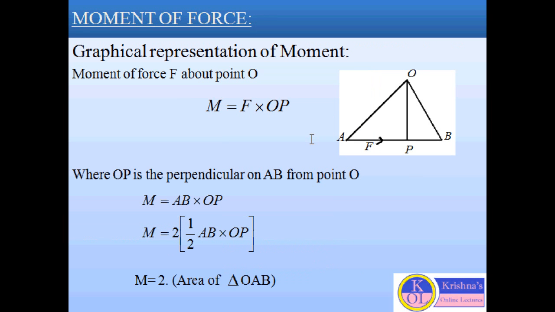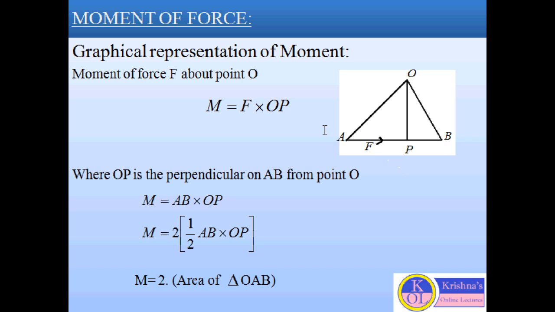Here is the graphical representation of moment. We are considering point O, about which the moment is to be determined, and force F, which is represented in magnitude and direction by vector AB in this diagram.